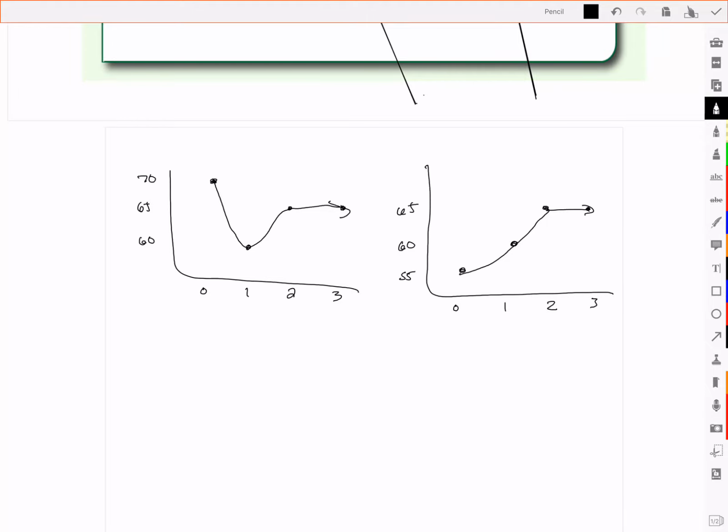So the naive forecast is really used when your data is fairly stable, when it's just kind of wiggling around the same set of numbers. The benefit is it's cheap, it's easy to do and easy to explain, but it loses its accuracy quite quickly when there's any kind of pattern to your data.